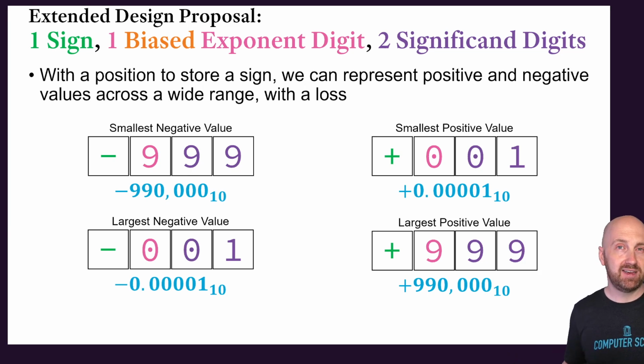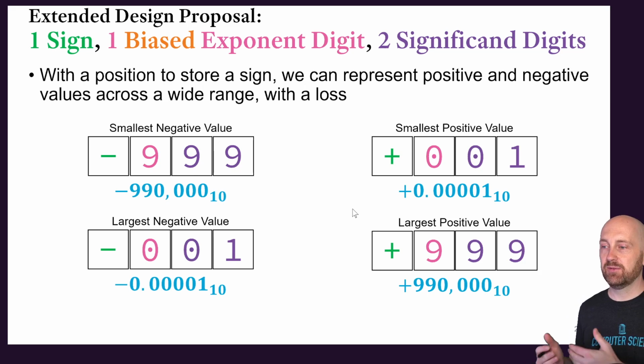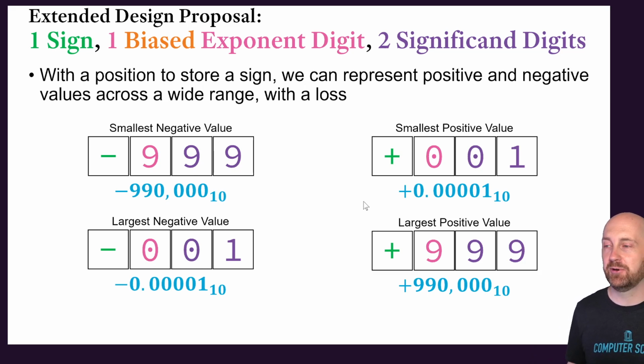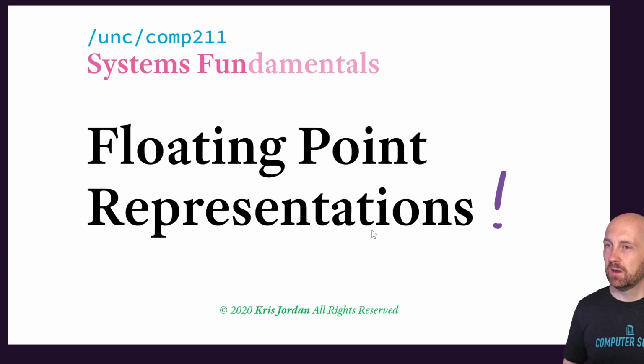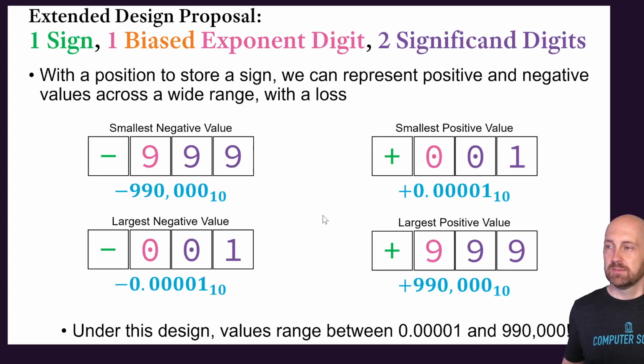So notice we've extended this by only one position, which adds the sign, and now we can represent negative numbers as well as positive numbers, and we can once again see that we get more precision as we are closer to 0 and less precision as we get further away from 0, either way.